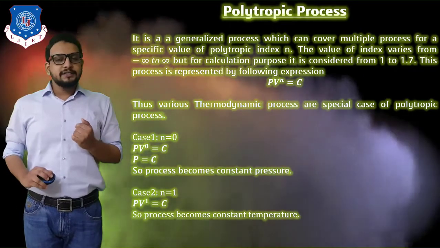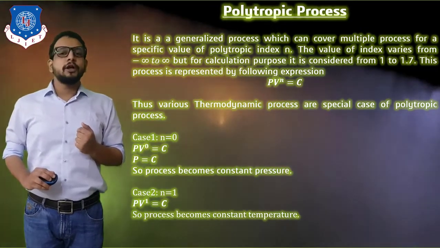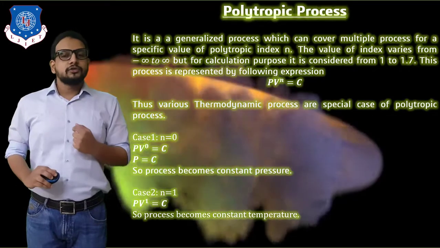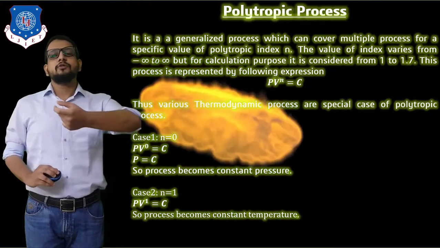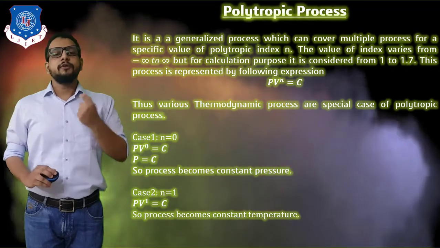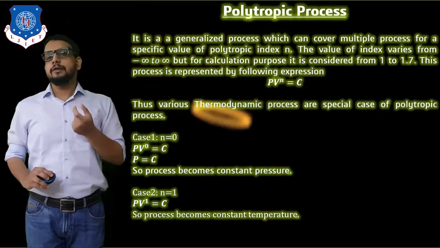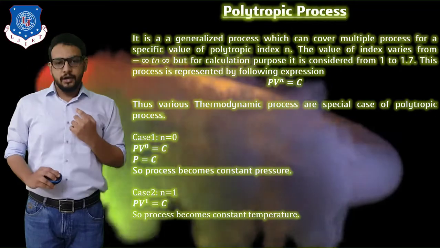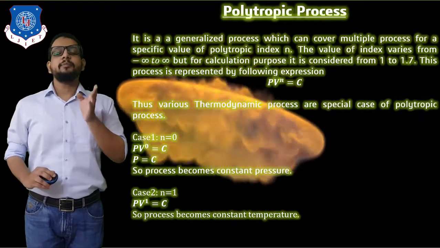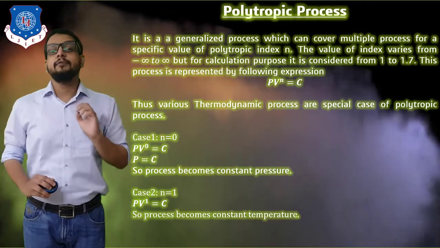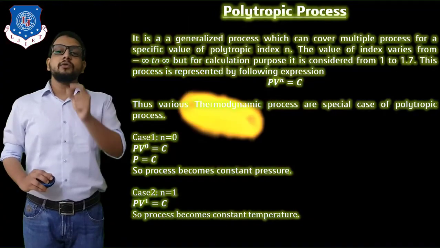When we place n is equal to 0 in our polytropic process equation, what will we get? Pv raised to 0 is equal to C, and v to the power 0 will always be equal to 1, which means we get P is equal to C, indicating pressure remains constant when we place n is equal to 0.